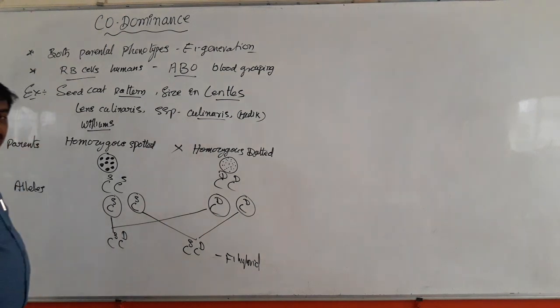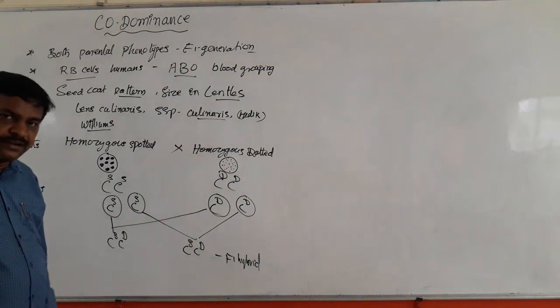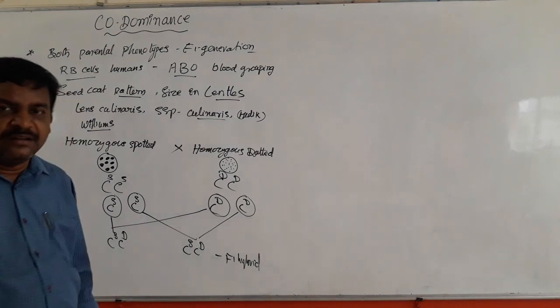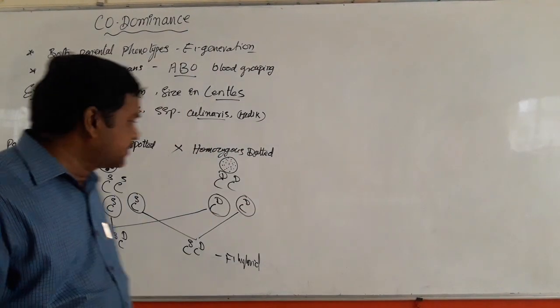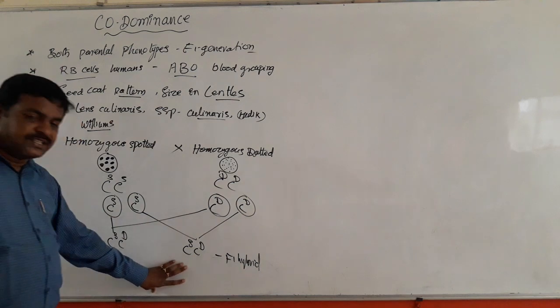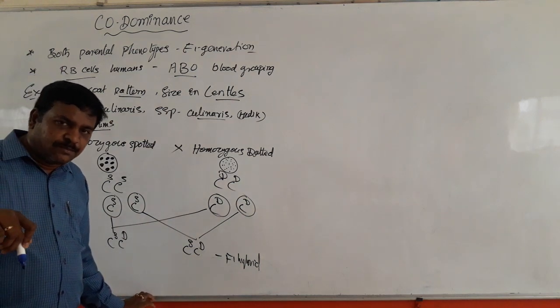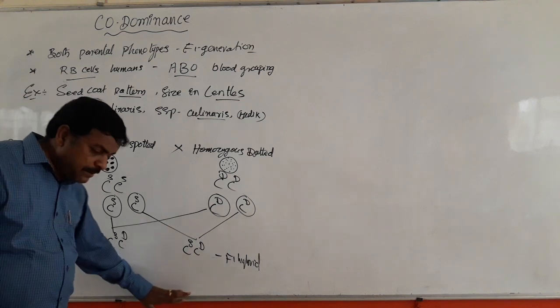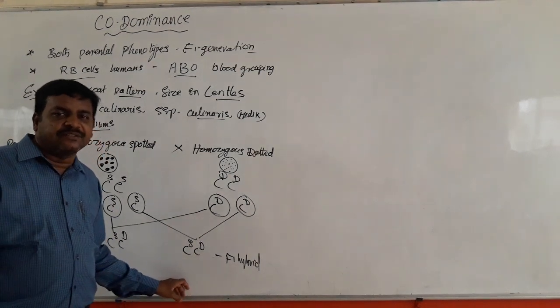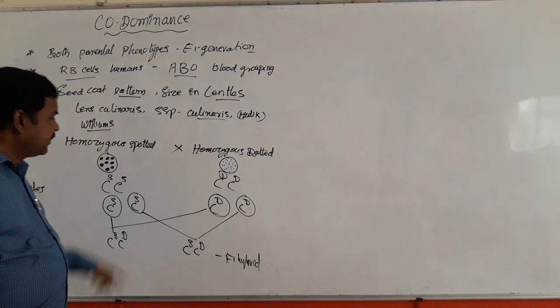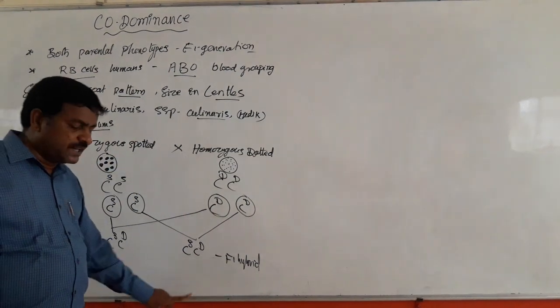And what is the phenotype of this F1 hybrid? Normally, in monohybrid crosses, dominant characters are expressed in the F1 generation. In incomplete dominance, the F1 hybrid does not resemble either parent, but here the parental characters are expressed.